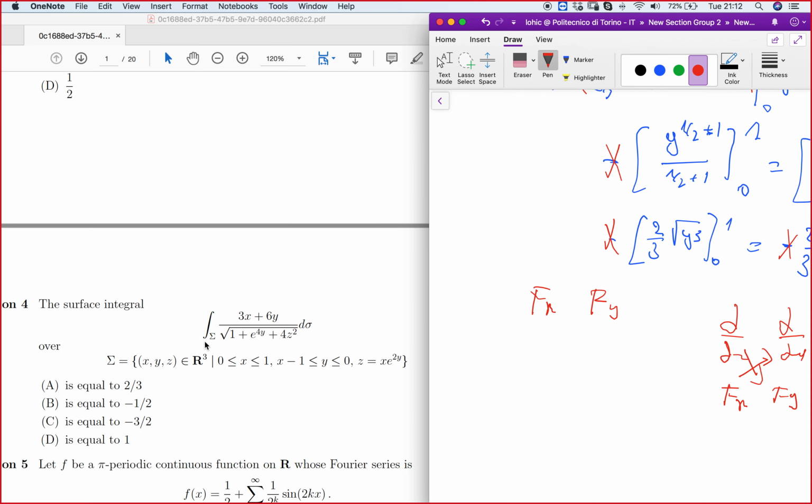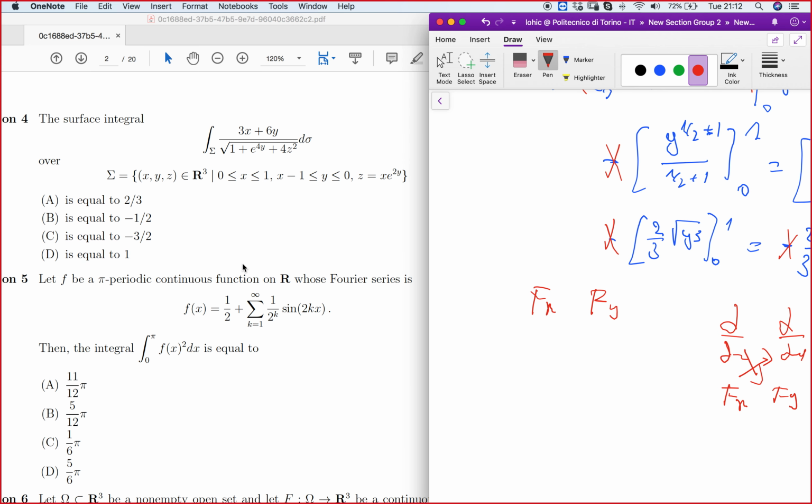Now, question number 4. The surface integral. So we have to compute the surface integral. Let me clean the board.